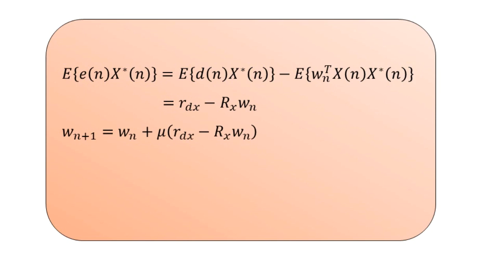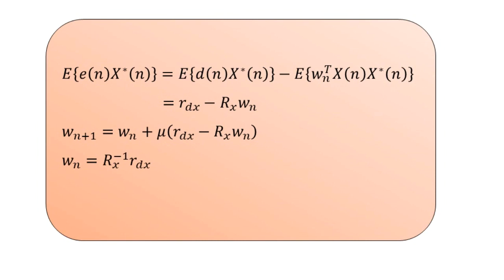So here, if w suffix n is the solution to the Wiener-Hopf equations, w suffix n can be described as the inverse of capital R suffix x multiplied by the cross correlation between the desired signal and the input discrete time random process, so there it is small r suffix dx.